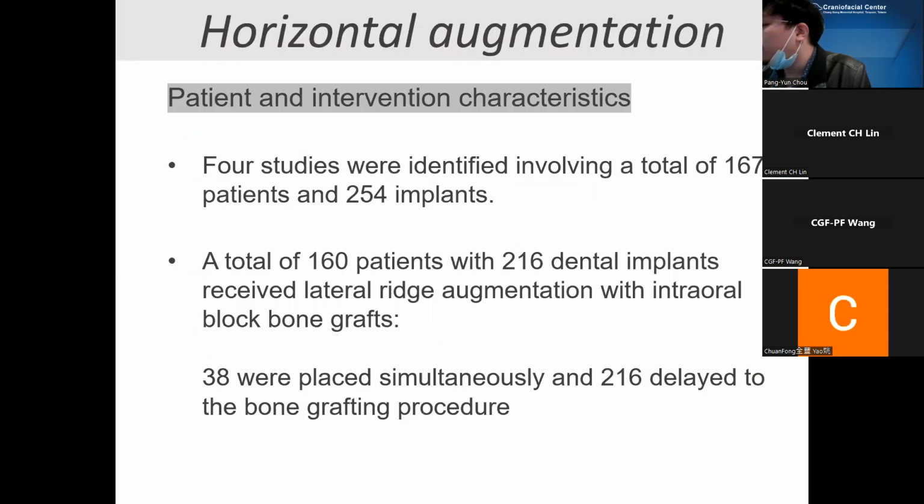For the horizontal augmentation, 4 studies were identified involving a total of 167 patients with 254 implants. And a total of 160 patients with 260 implants had a lateral ridge augmentation with intraoral block bone grafts.